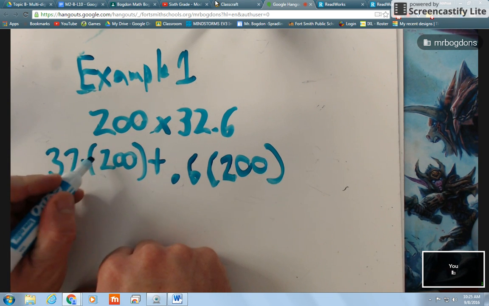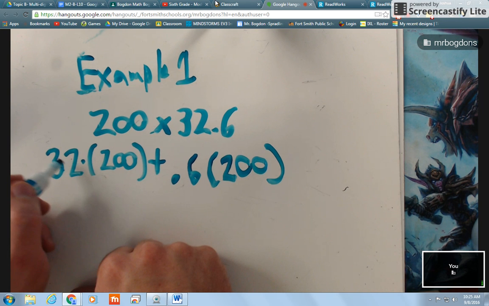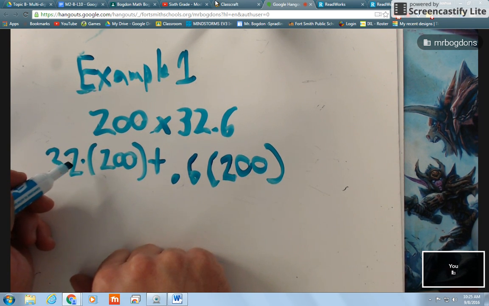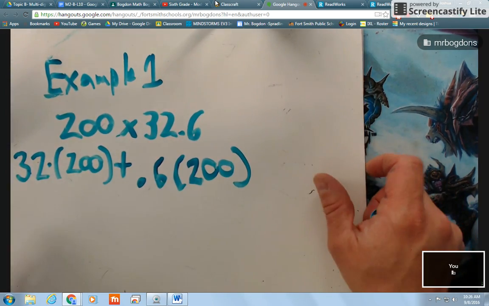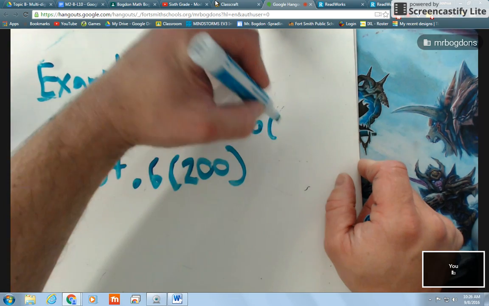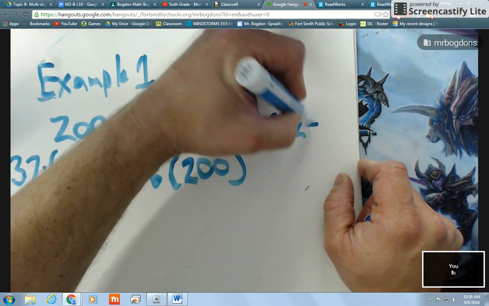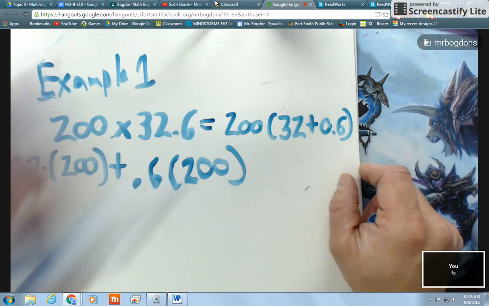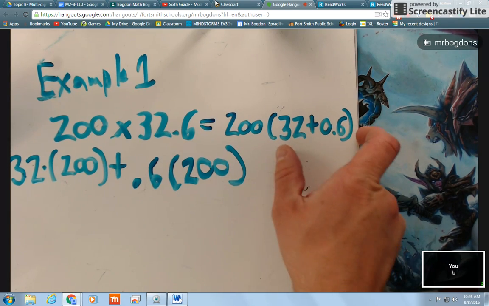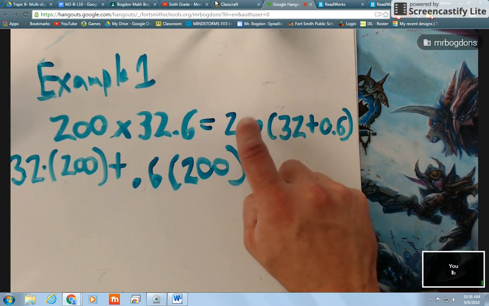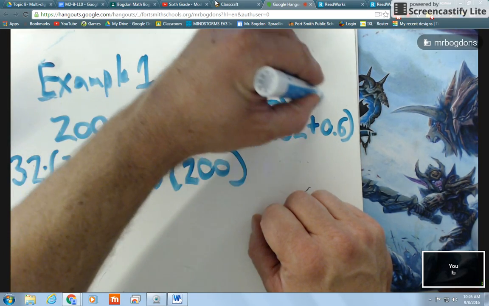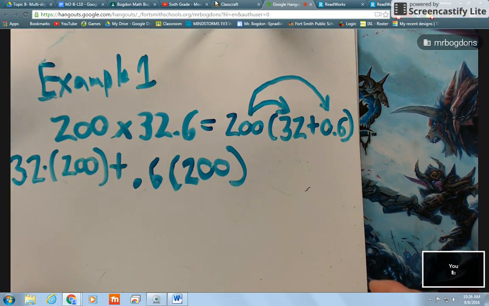Anytime you have a number out front of parentheses and nothing's going on there, always assume you're multiplying something. So what's really going on was I now have 200 being multiplied by 32 plus 6/10. That was in front of this parentheses. It's being multiplied, right? So then I distributed it. I distributed 200 to 32. Then I distributed 200 to my 6/10.